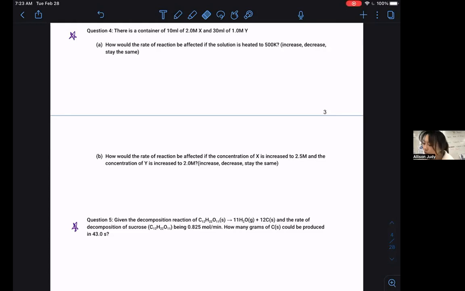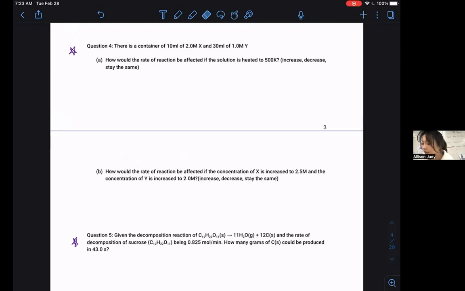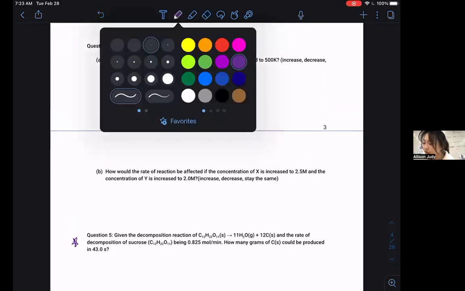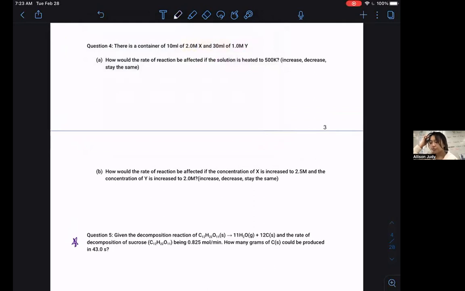So question number 4: there is a container of 10 milliliters of 2 molar X and 30 milliliters of 1 molar Y. How would the rate of reaction be affected if the solution is heated up to 500 Kelvin? The big thing here is we're considering our factors of collision.